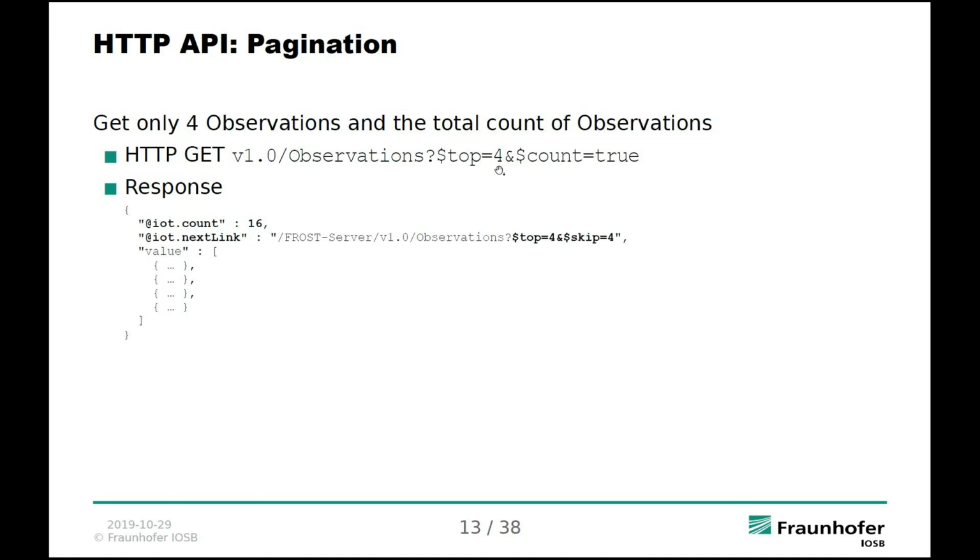I just want the first 4 entries, and I also want to get the count. And the result is I get an additional property, which is the count. It says, okay, in total there are 16 entries, but as I only want to view 4 of them, I get a next link because there are more.